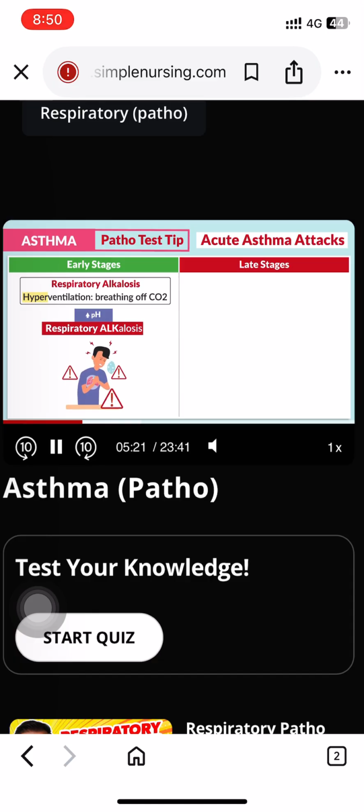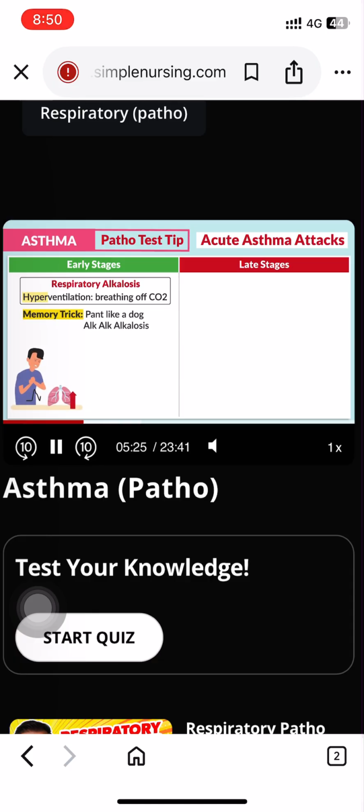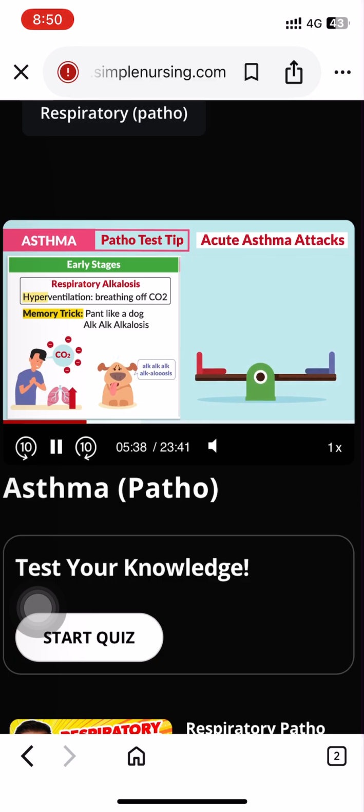The client is breathing off too much CO2, that carbon dioxide, right? So the memory trick, just think of panting like a dog from hyperventilation. Breathing out all that CO2, the client will be in alkalosis. So they're going to be breathing off that CO2, which pushes them into an alkalotic state.